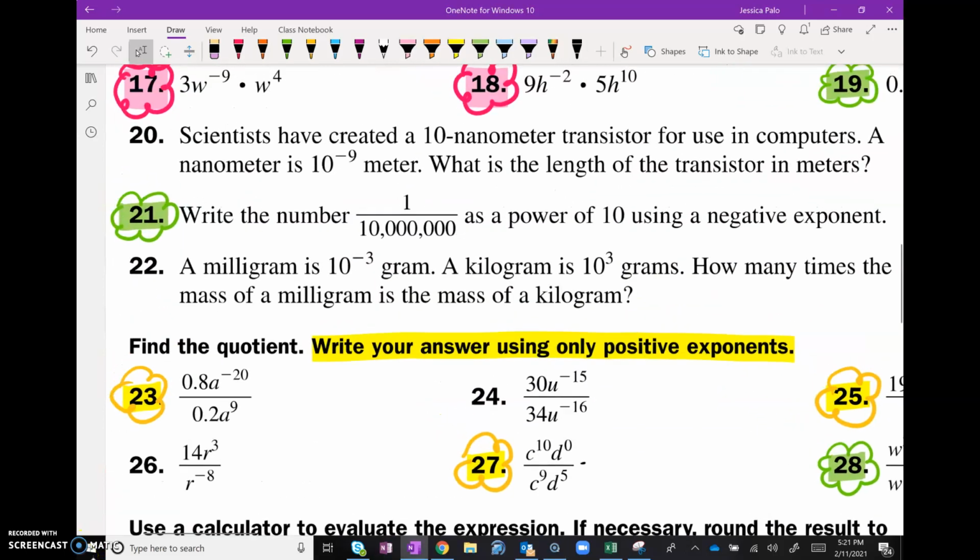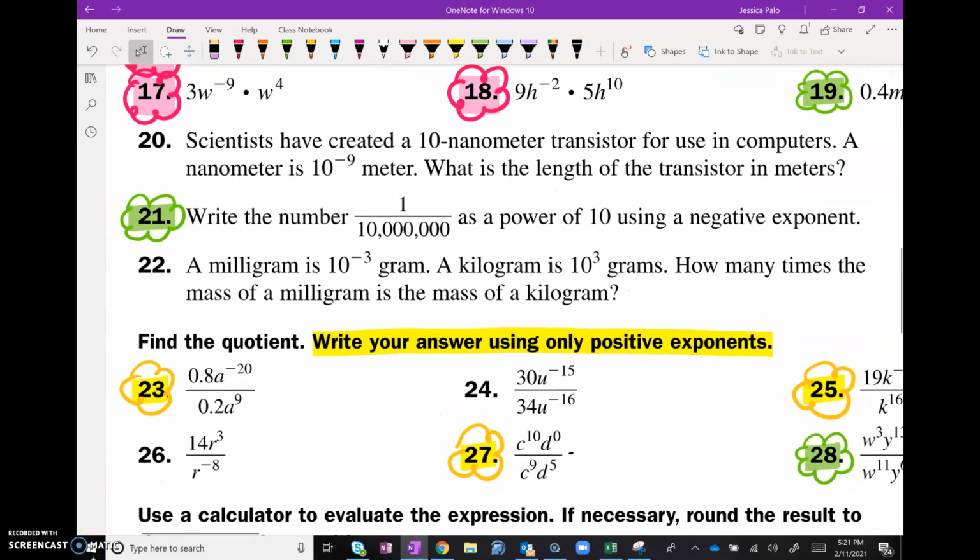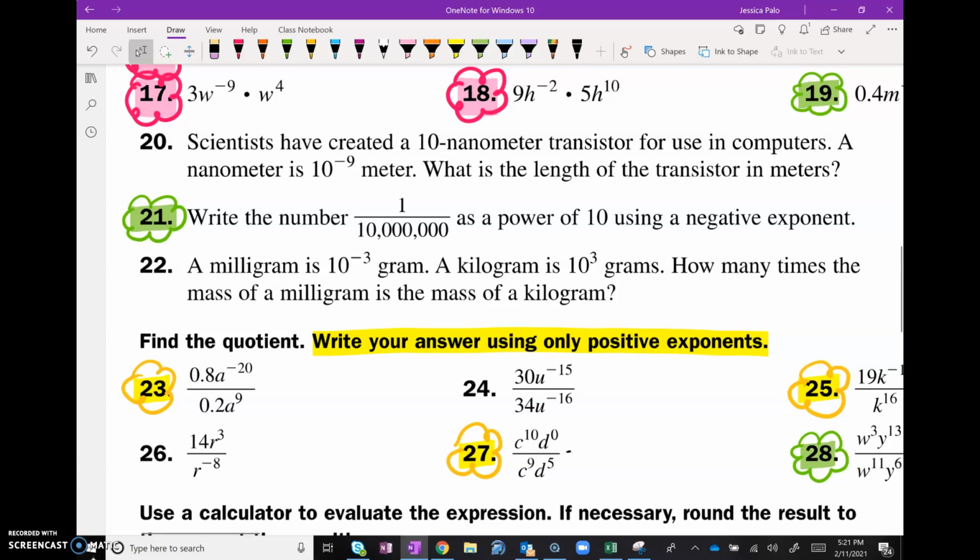Number 21. This was a bit of a word problem. Write the number 1 over 10 million. We want to write this as a power of 10 using negative exponents. So you had to go all the way back to your knowledge of general exponents.